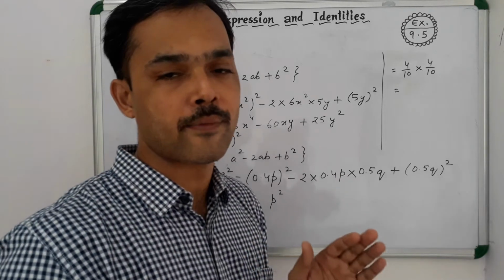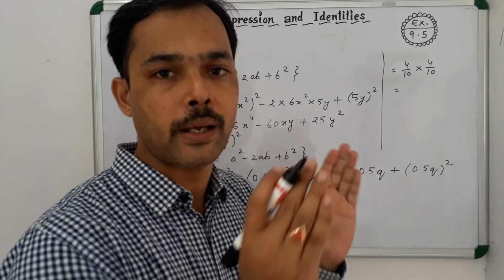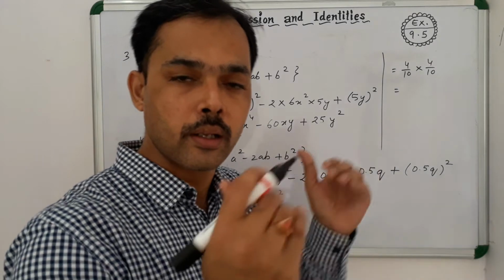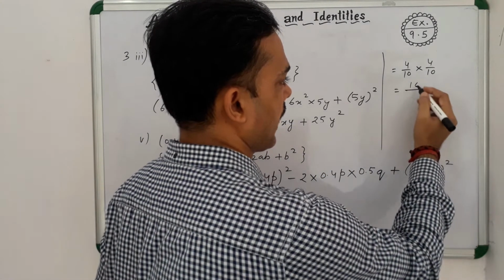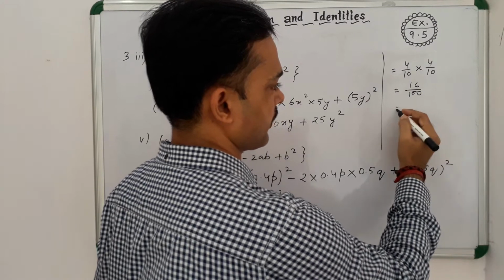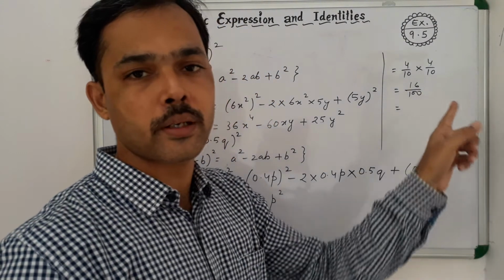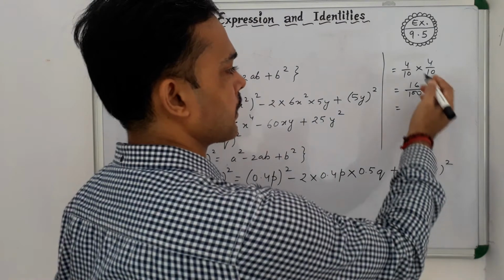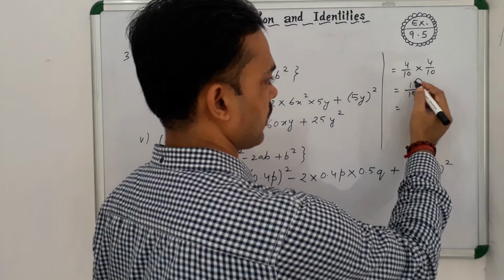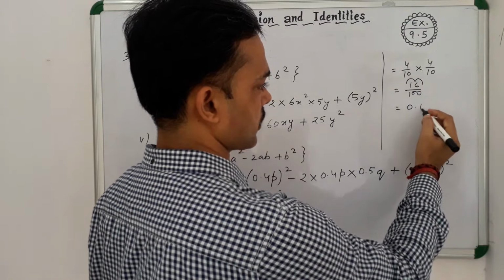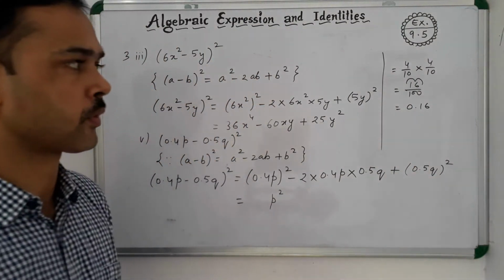Whenever you multiply fractions, first you multiply numerator with numerator, then denominator with denominator. 4 into 4 is 16 and 10 into 10 is 100. Now since in the denominator there are two zeros, the decimal will shift two places towards left, so this will become 0.16.